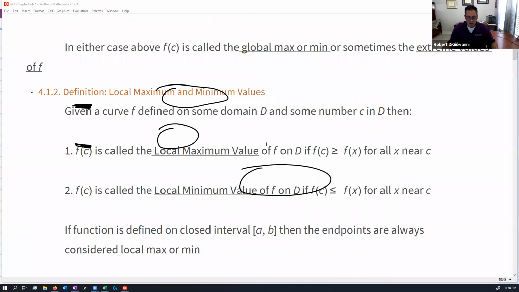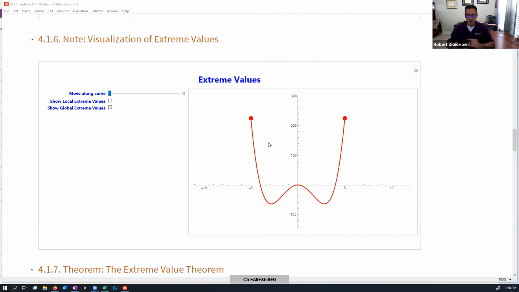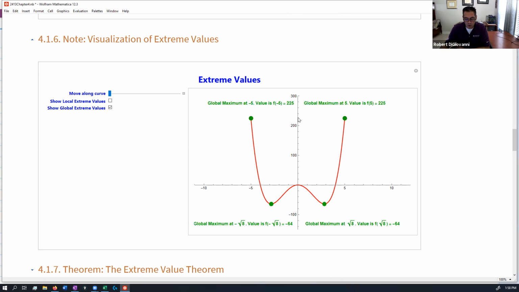So when we look at this graph down here, and I ask you, does this function have a global maximum? You would say yes. It has one global maximum. The global maximum of this is the y coordinate of these points, 225.